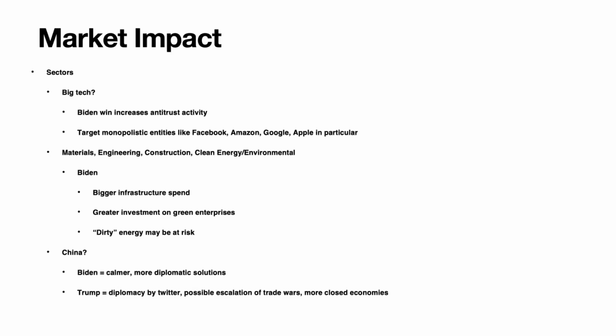Therefore, probably the other major potential pressure point would be China, and we know Trump's presidency has been largely punctuated by his Twitter diplomacy, and it's a fairly soft trade war, but that's certainly one way to describe a trade war with China.